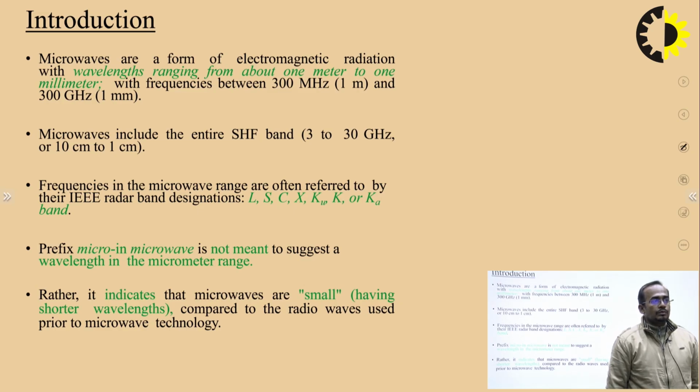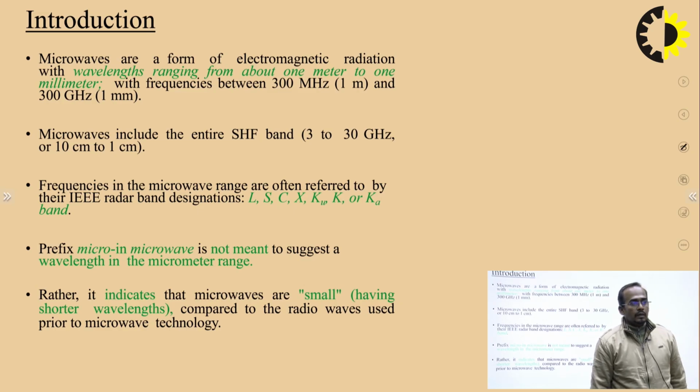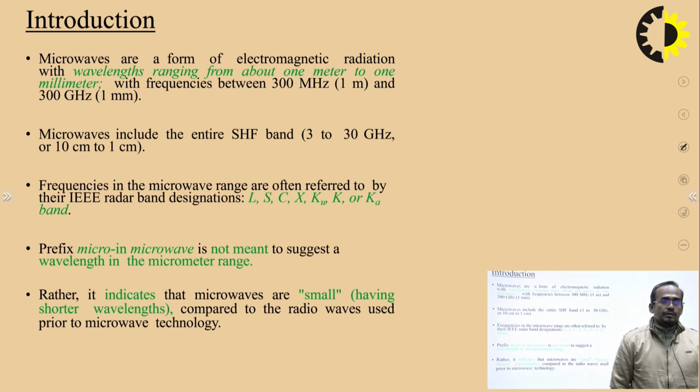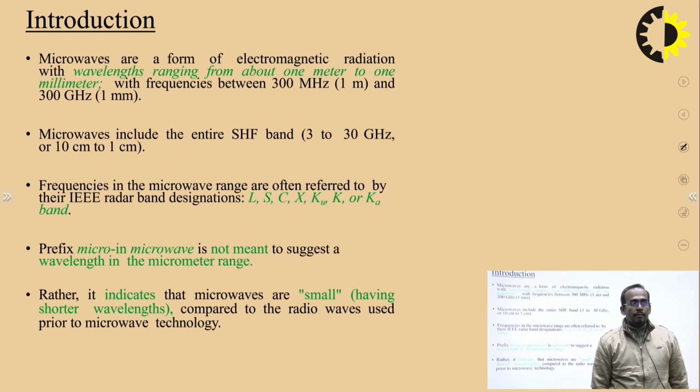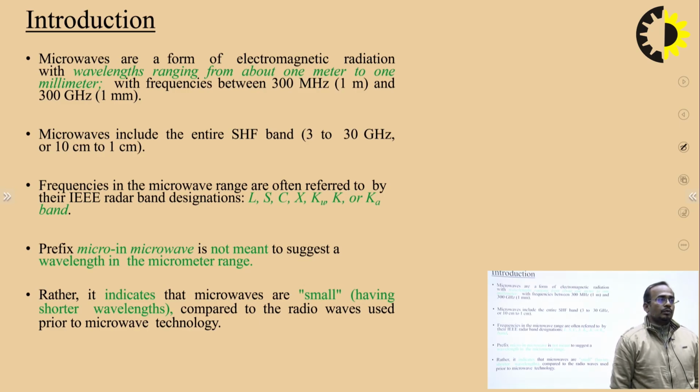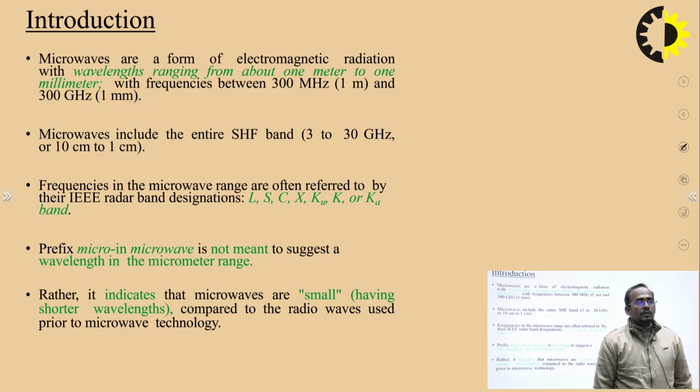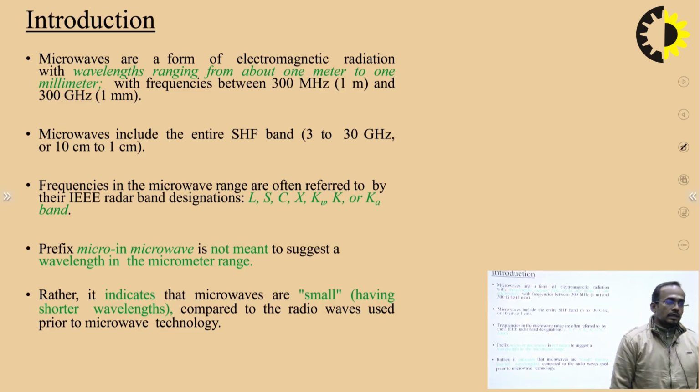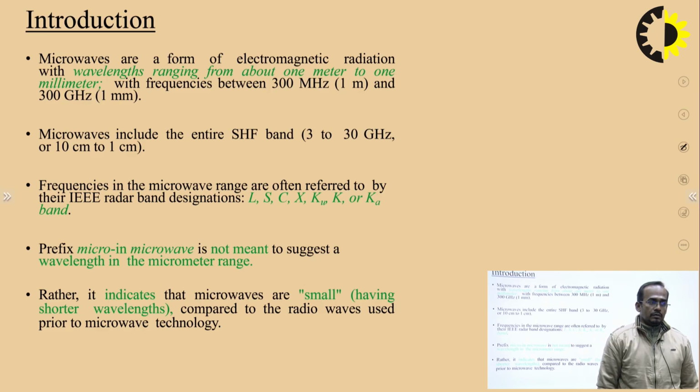Microwaves include the entire SHF, super high frequency band, that varies from 3 to 30 gigahertz, or 10 centimeter to 1 centimeter. Frequencies in the microwave range are often referred to by IEEE standard designated bands: L, S, C, X, Ku, or K band.